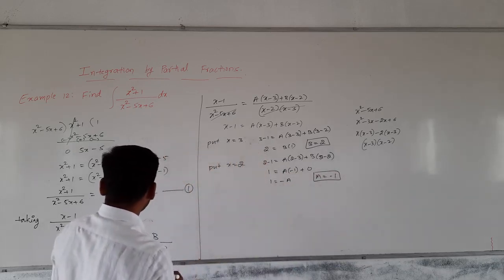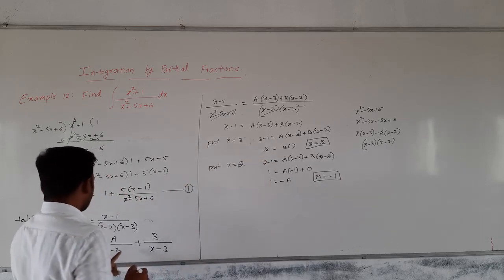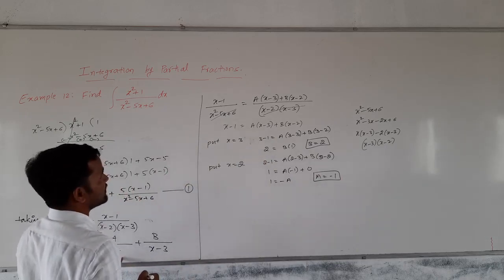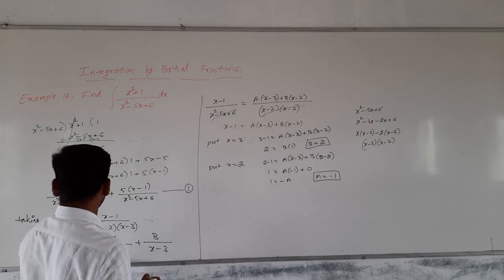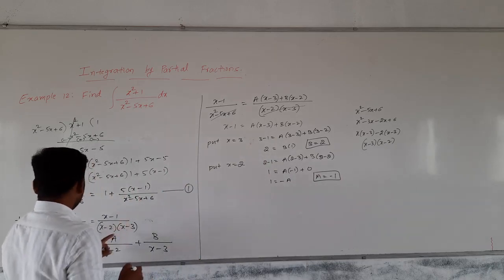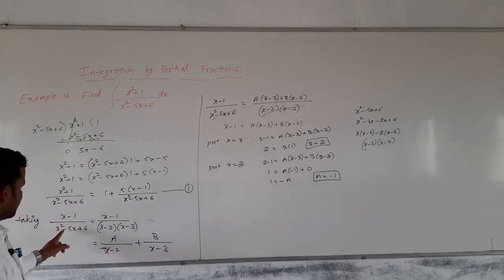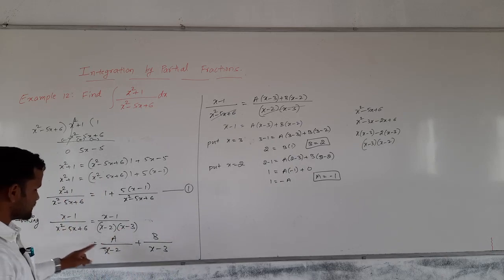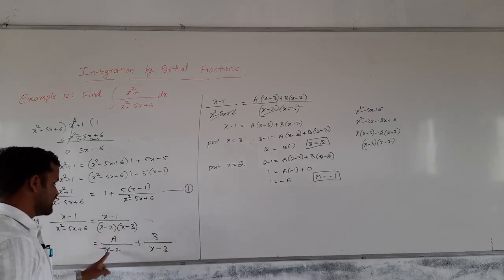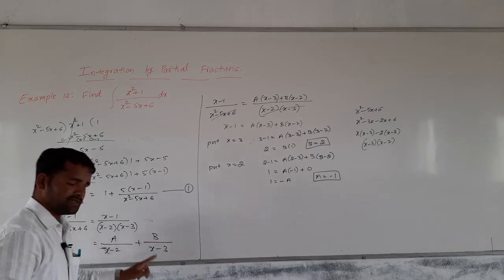Okay, you see, here I can write the a and b values. In place of x minus 1 by x square minus 5x plus 6, we have a by x minus 2 plus b by x minus 3.